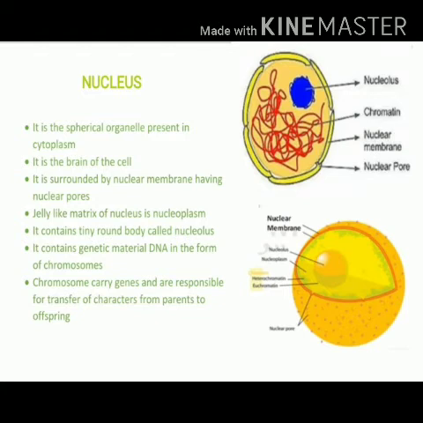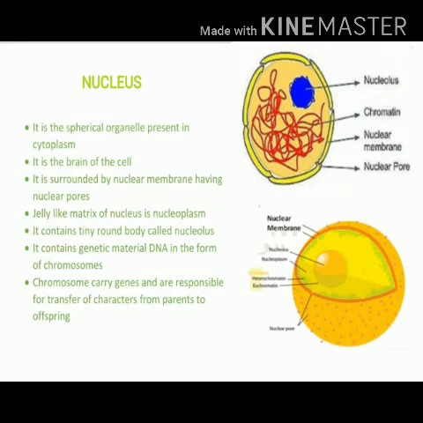Apart from the nucleolus, in that nucleoplasm you will find thread-like materials, termed chromatin. And when cell division takes place during reproduction in an organism, these chromatins get condensed and form rod-shaped structures called chromosomes.